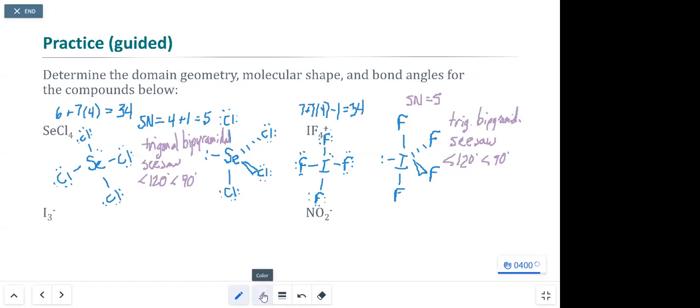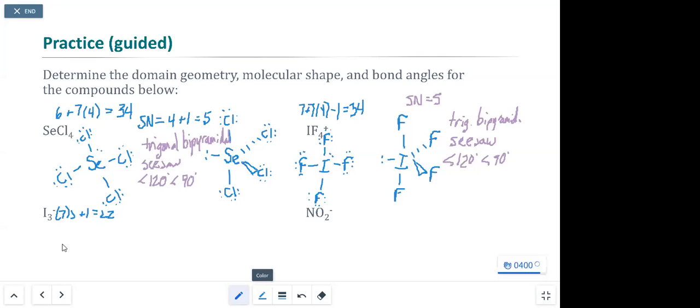All right, let's move on to the triiodide ion, I3 -1. For iodine, we had 7 valence electrons times 3 plus an additional electron for that -1 charge, which is going to give us 22.